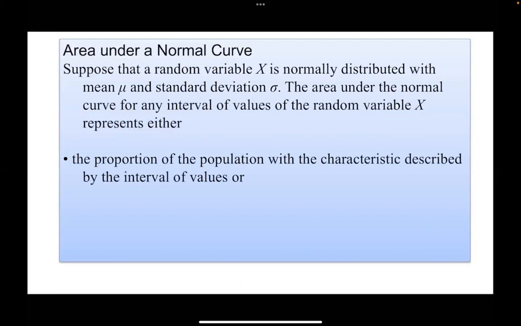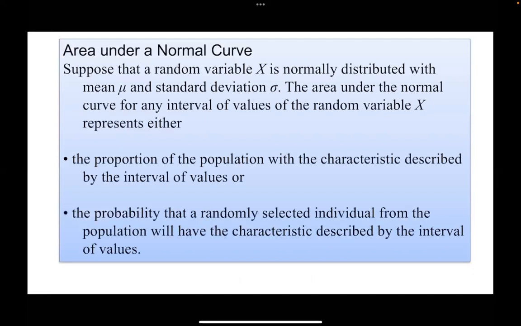So it would tell me the proportion of 2-year-old males that are between 34.5 and 35.5 inches tall. That's one of the things it could tell me. The other thing it could tell me is the probability that a randomly selected individual will have that certain characteristic. These are basically the same thing. It just depends on what question you are being asked.